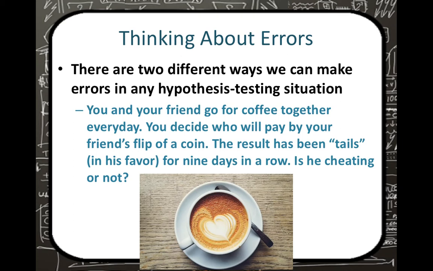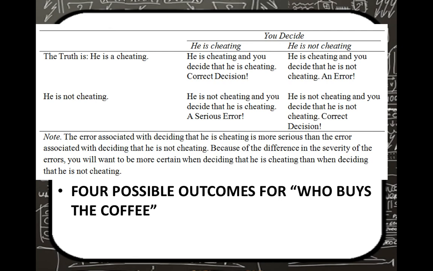Right. So there are several different possibilities here. Let's look at a chart. The way this chart is laid out, on the left is the truth. Either he is cheating or he's not cheating, right? There are only two possibilities there. Either yes, he's cheating, or no, he's not cheating. So everything listed in the top row of the table assumes he really is cheating. Everything listed in the bottom row is that he's not really cheating.